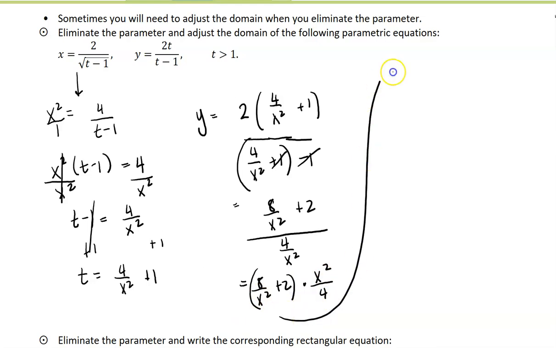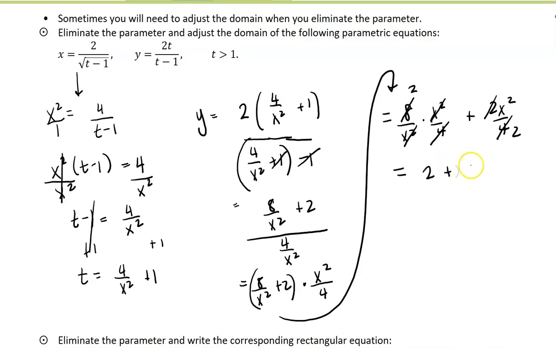So I get 8 over x squared times x squared over 4 if I distribute plus 2x squared over 4. And doing some canceling, I get 2 plus x squared over 2, or x squared over 2 plus 2. That looks a little better. Okay, so this is my y.